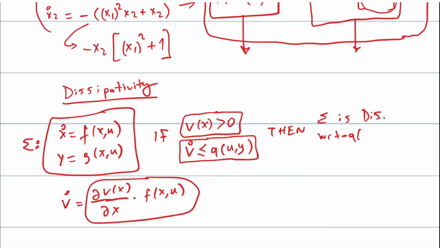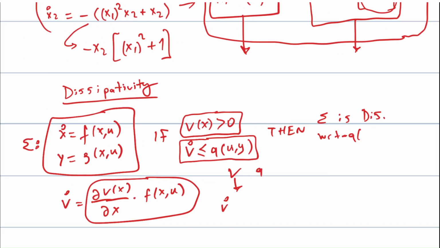This definition is really vague, right? First we need a V function, and it needs to be positive. Then give me a V function and I will determine V dot, and you also need to give me a q function and then I will check this inequality.